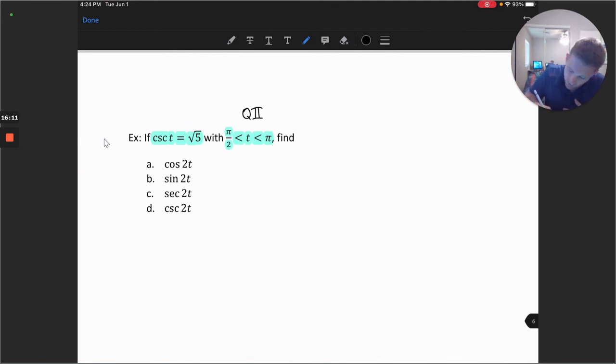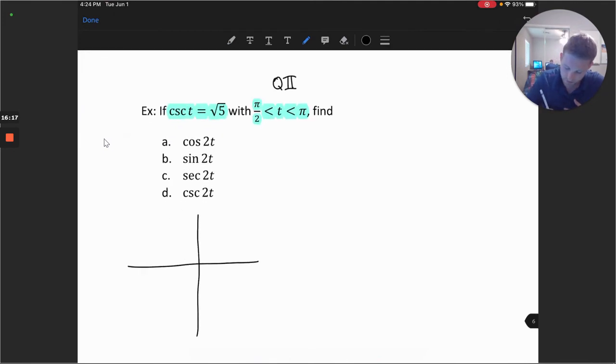So let's draw our picture first. We're going to be in the second quadrant. Again, this is pi over 2 here in pi units. So we're right in the middle of quadrant 2.